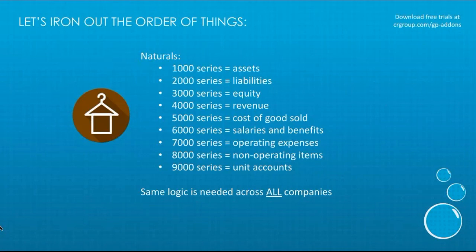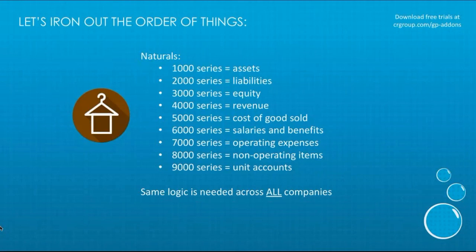One of the things we always deal with is, okay, revenue, cost of goods sold, 5,000, so 6, 7, 8, how do you do that? For us, we just split out salaries and benefits in the 6,000 series, because for most organizations out there, it's a huge cost. So it just made sense to say, if we're going to look at the expense side and cost side, grab a gigantic portion of that and stick it in the 6,000 series. 7,000 for OPEX, excluding salaries and benefits, and then 8,000 non-operating items.